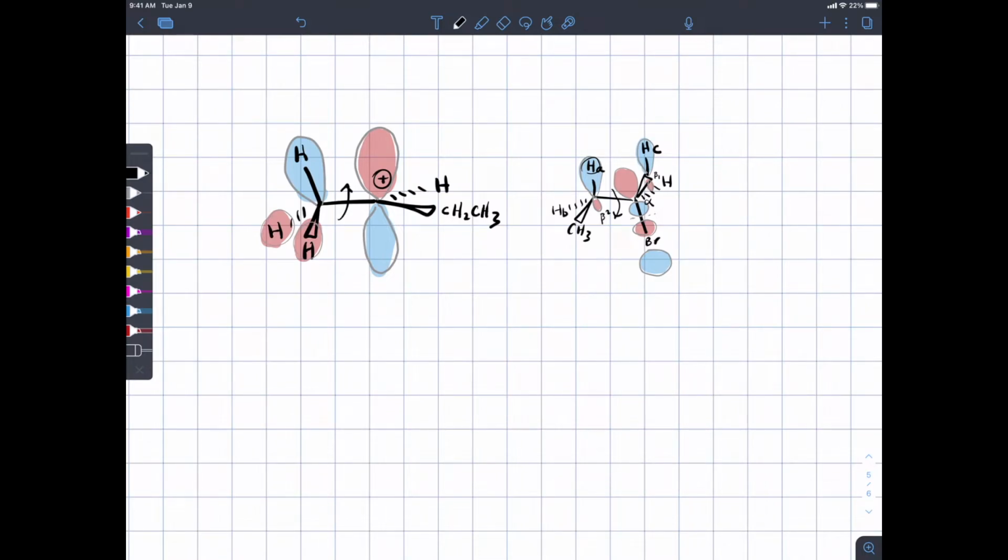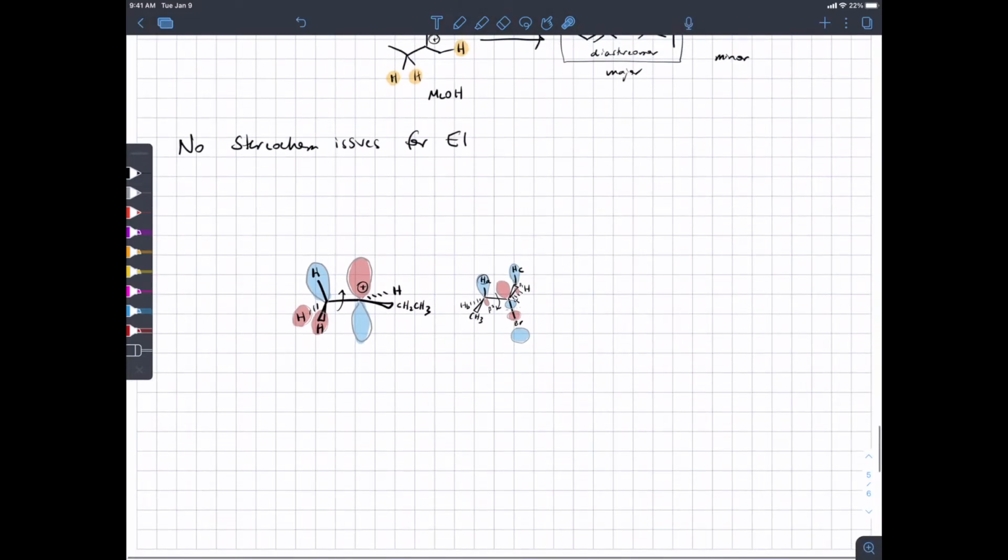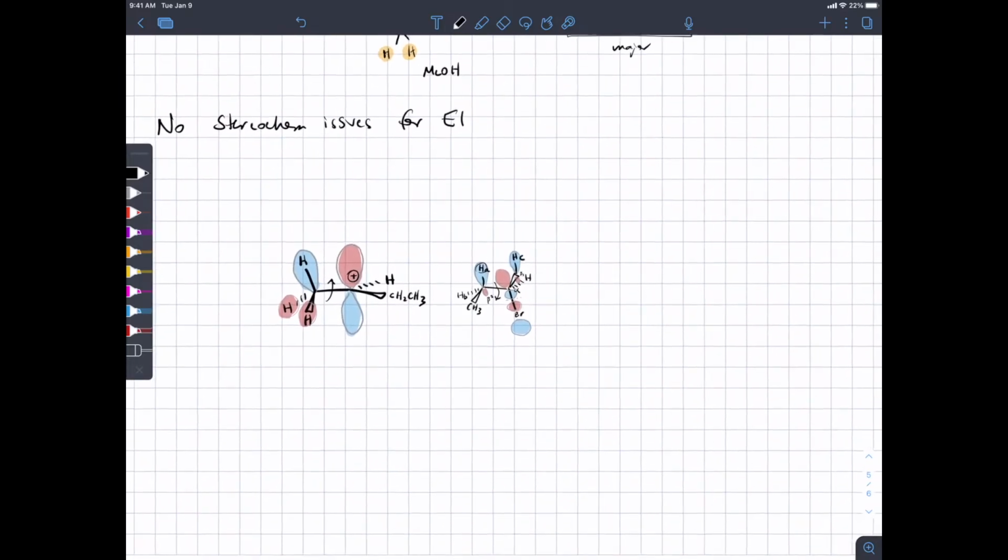What I'm saying is there are no stereochemical issues at all for the carbocation. The molecule isn't chiral anymore, and differences between protons go away. And so we don't have to worry about stereochemical issues for the E1 reaction.